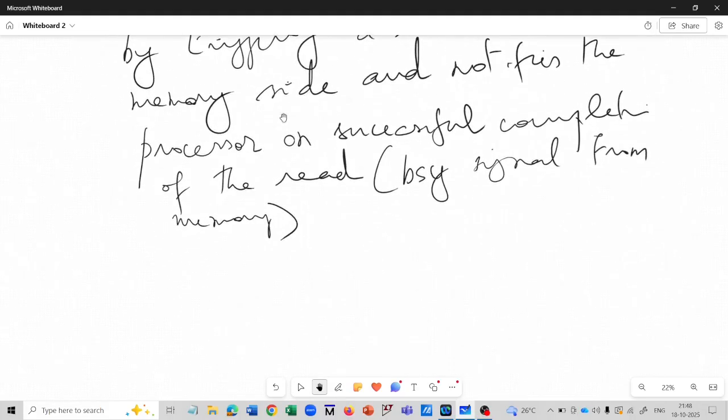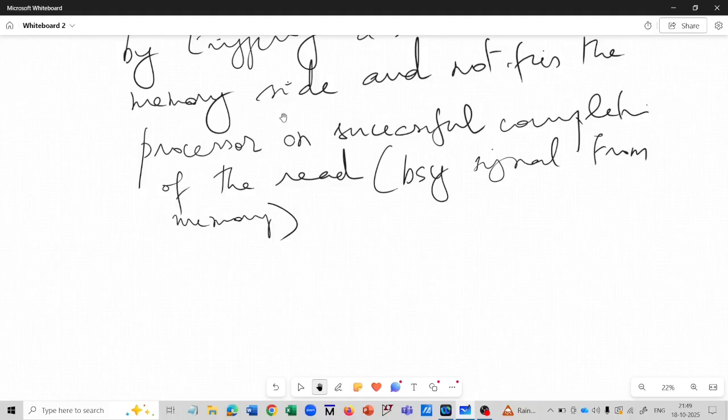So using this signal, the controller can determine if the data in a location that is sought by the processor has been made available by the memory. Or in other words, the busy signal when deasserted will indicate the successful completion of a read transaction. So to keep matters simple, we are just assuming that we are supporting only a read from the processor into a single location.